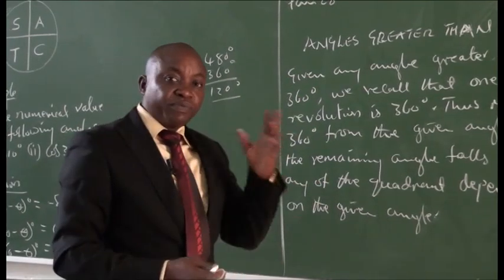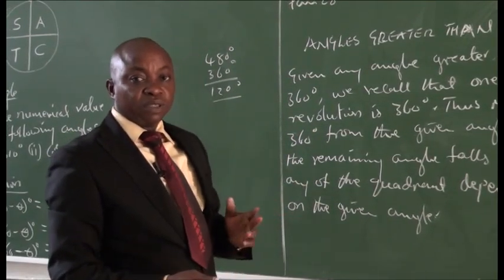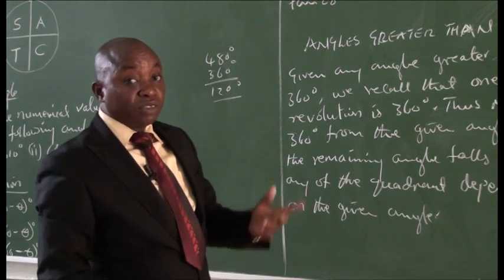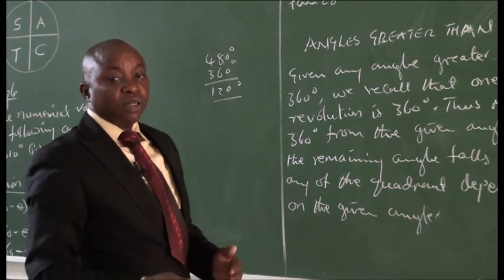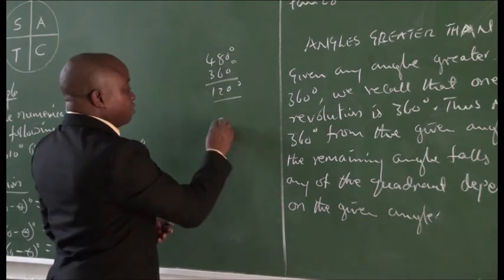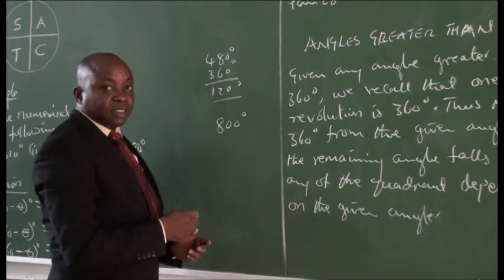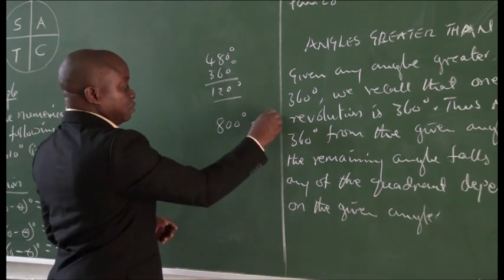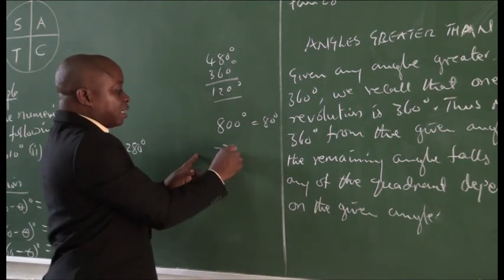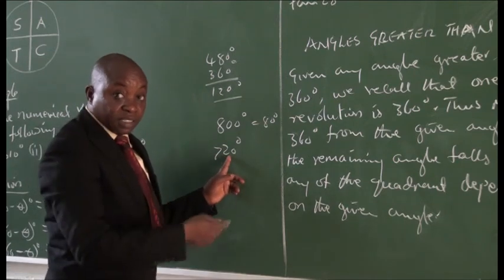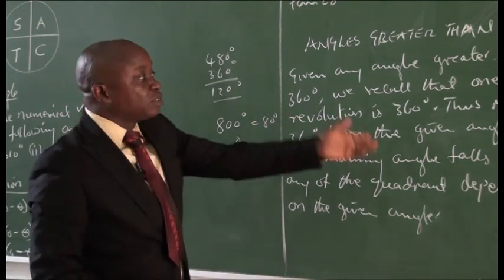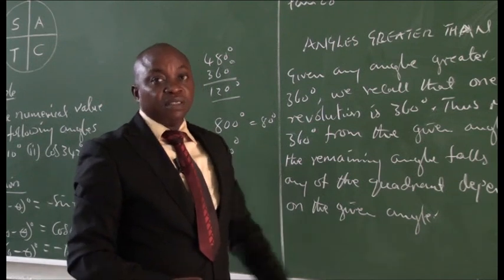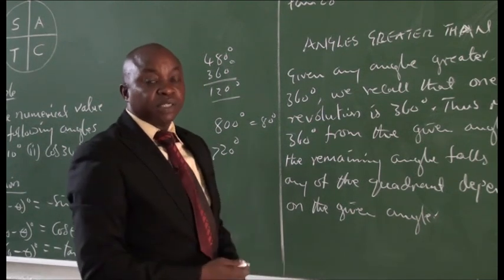The second revolution gives me 720, so it remains 80 degrees. So an angle of this nature, 880 degrees, is equivalent to 80, because if I remove 720 degrees, it remains 80 degrees. And this 80 degrees falls in the first quadrant, so I will define it based on that.